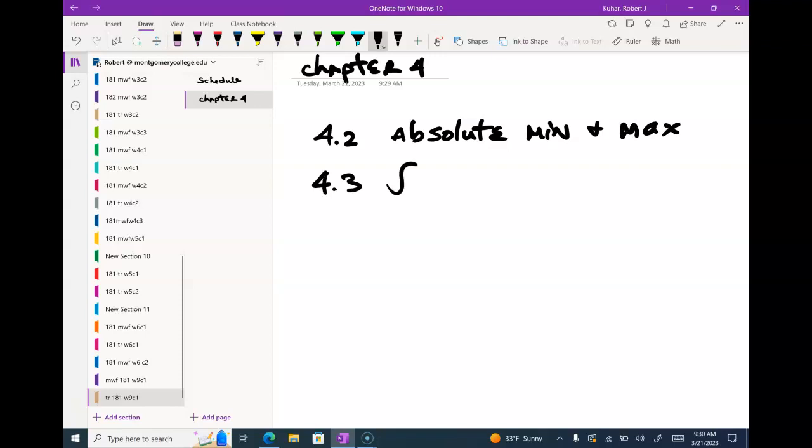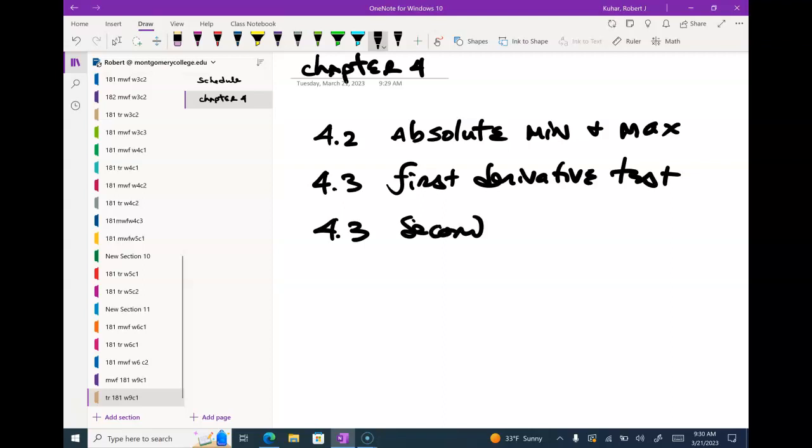We have a first derivative test. And then we do 4-3, a second derivative test. We do something in Calc 2 with the fourth derivative. And then I do 4-6, optimization.